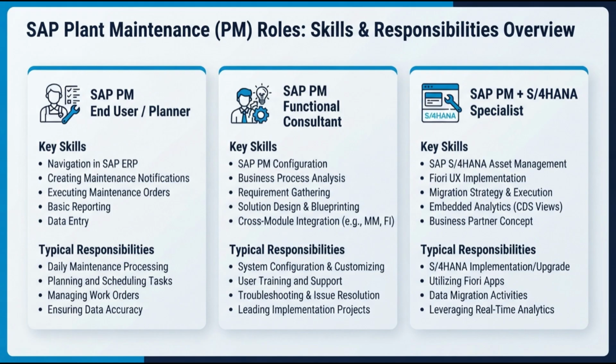Advanced roles require deeper solution design skills and project experience. Across all roles, clear communication, problem-solving ability, and continuous learning are very important. Identify the role you want to target and build the matching skills step by step.